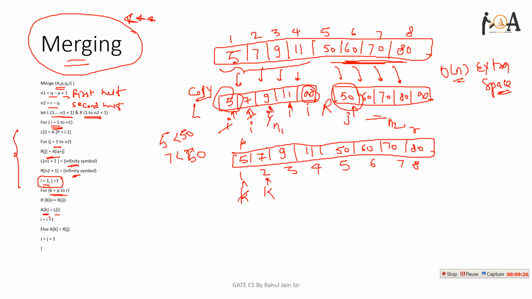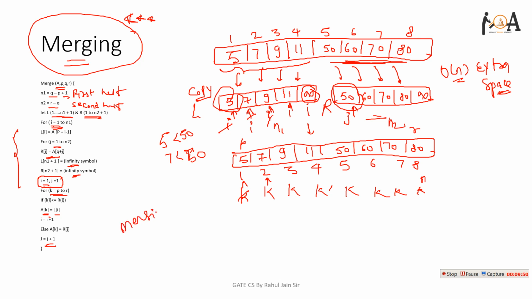Whatever element is lesser I will put into the array, and one by one I will put all the elements into the array. I will increment the pointers i and j as well as the k pointer of my final array. By following this approach I have merged two sorted arrays into my bigger array. So this is the process which is called merging.